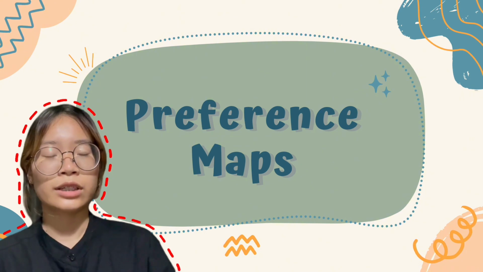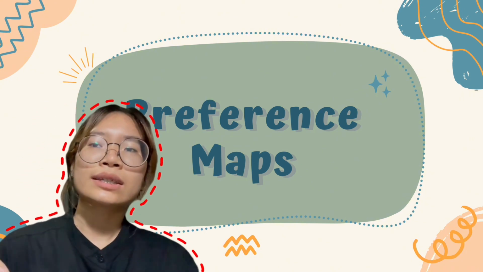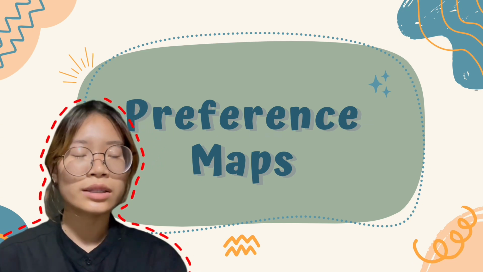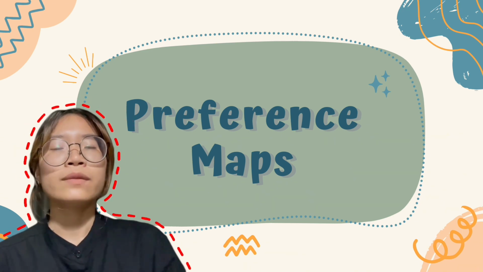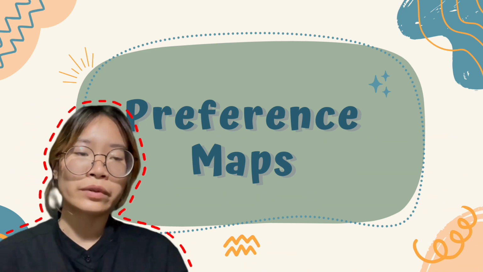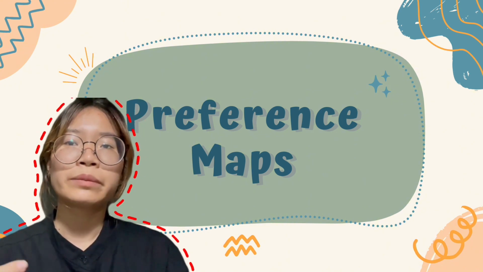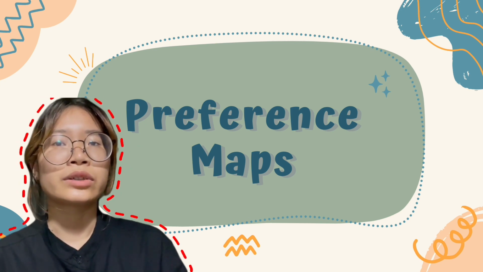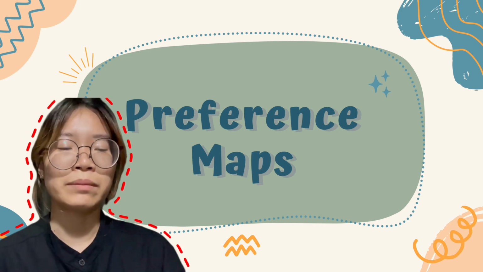And the next topic, preference map. With just these three properties, we can tell a lot about a consumer's preferences. One of the simplest ways to summarize information about consumer preference is to create a graphical interpretation, a map of them.